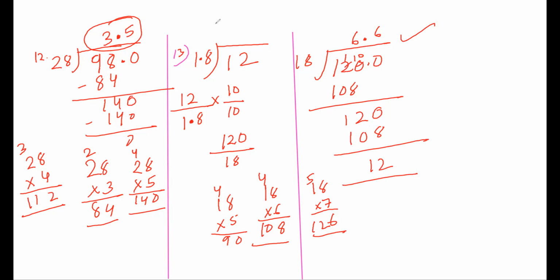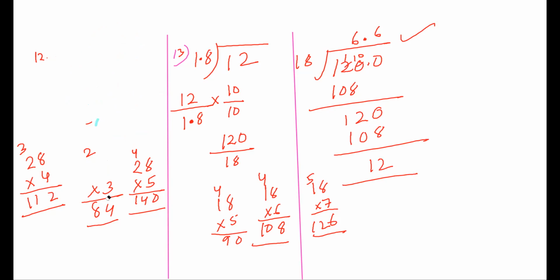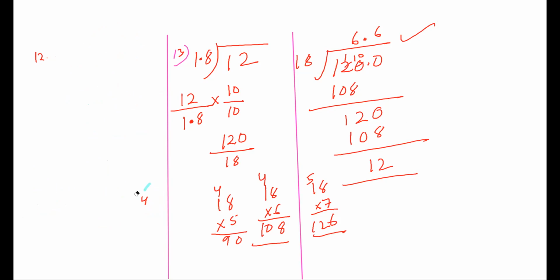Okay. Tell me question number 14. 3.5 divided by 2.5. When you read this, to say it the correct way, first say the dividend. What is inside? It's not like this.